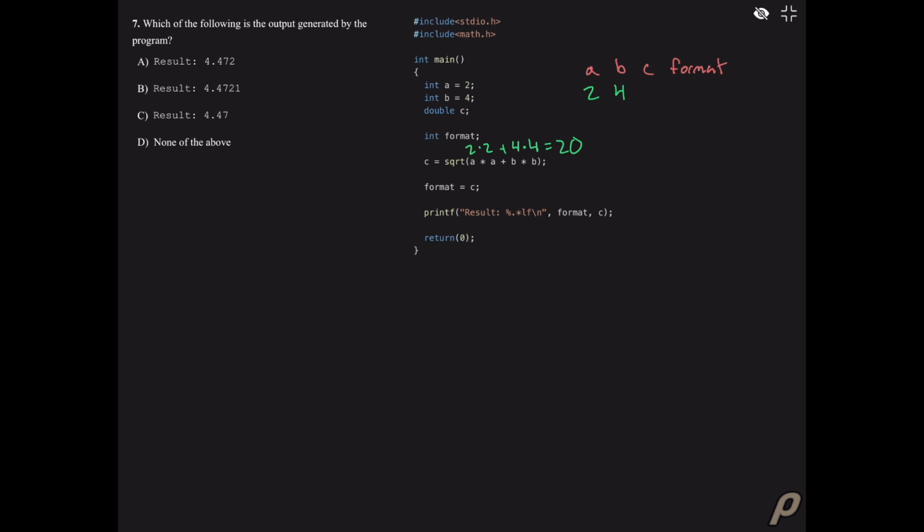So square root of 20, what in the world is that? You can use your calculator on this, and if you do, you'll know that the square root of 20 equals 4.4721. This semester they were allowed to use calculators.